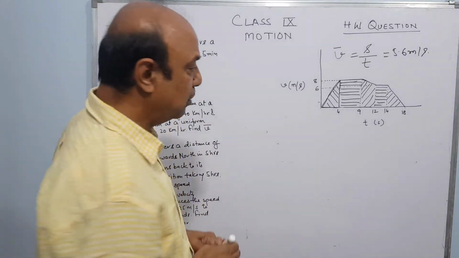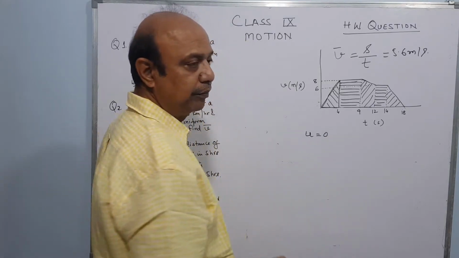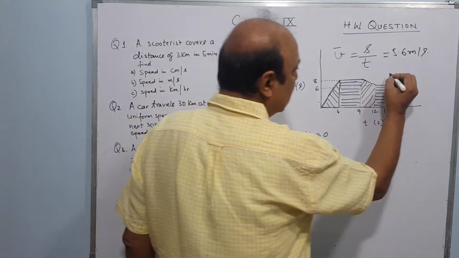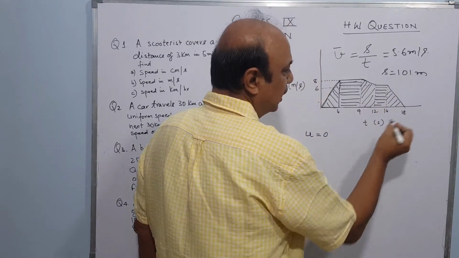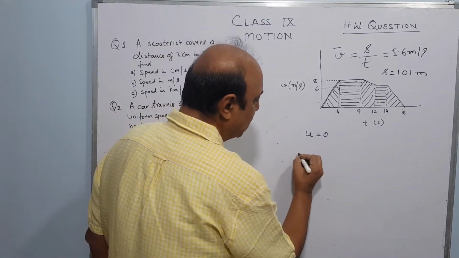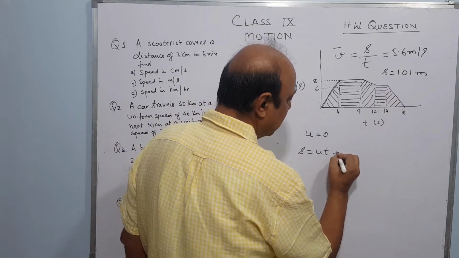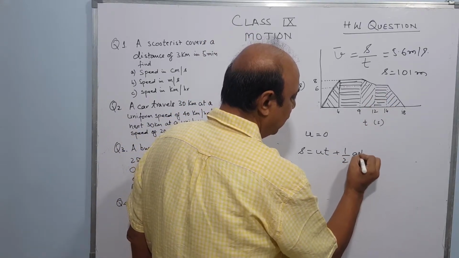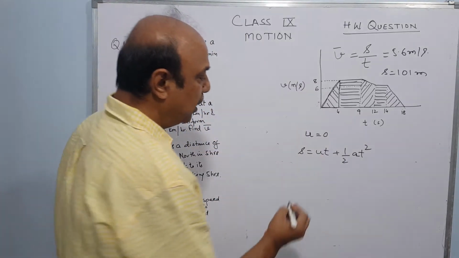In uniformly accelerated motion, u is given as 0. Now s we have already calculated is 101 meters. Time we know is 18 seconds. So using the second equation of motion, s equals ut plus half at square, we find the acceleration. Because u is 0, ut becomes 0.